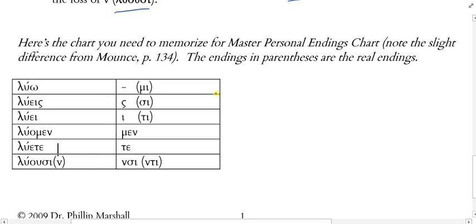Mounce on page 135 in 16.3 and 16.4, he talks about the matter of aspect and time.